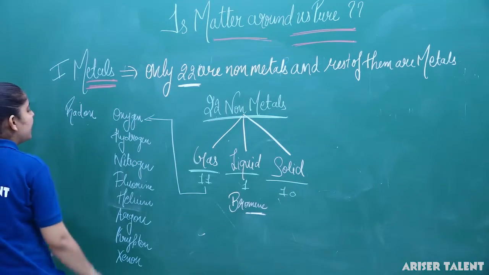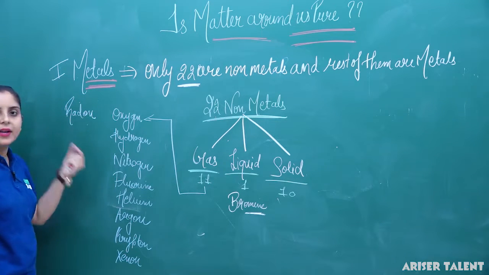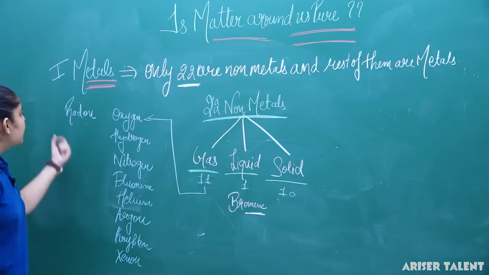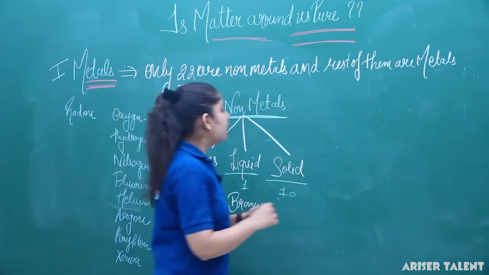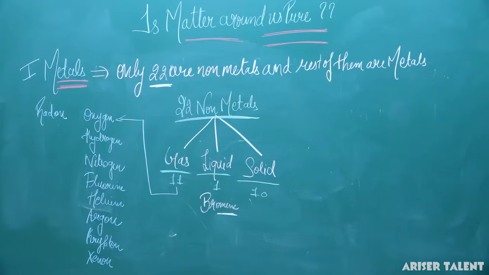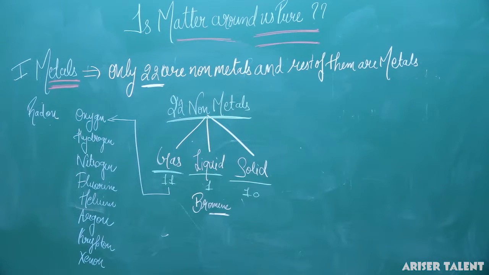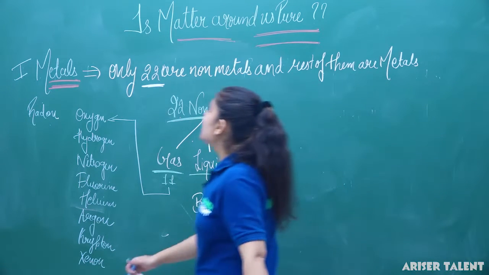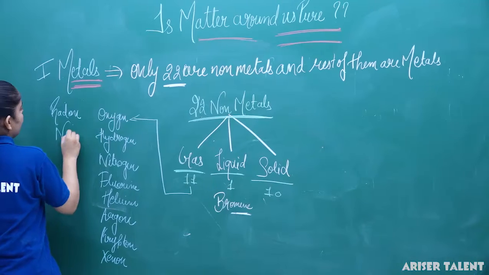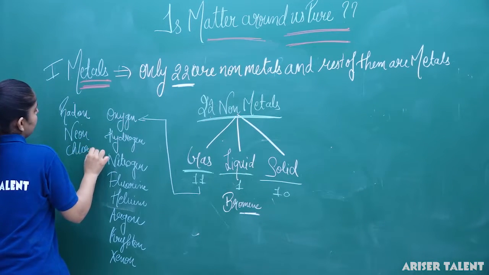So, what are the remaining gases? We are left with 2 more, and these 2 are neon and chlorine.